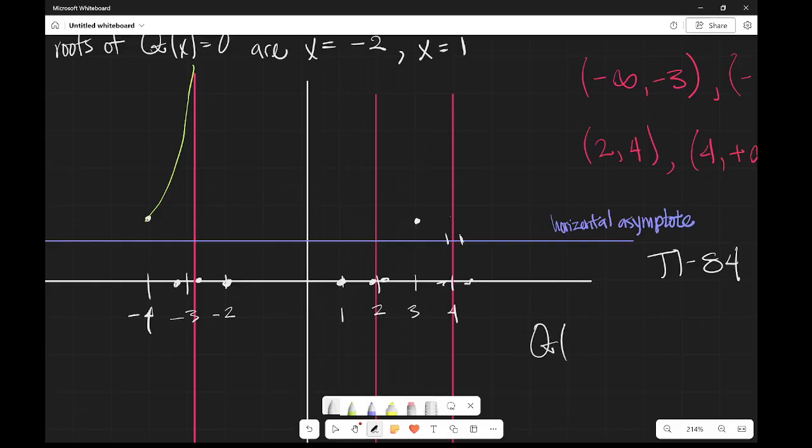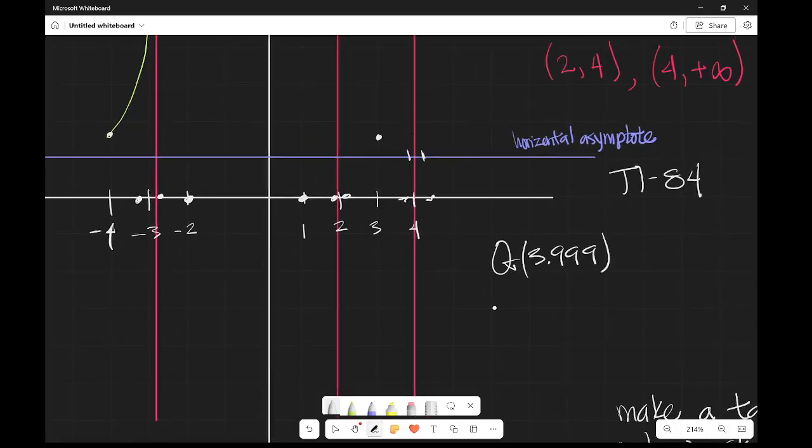So Q of positive 3.999 and Q of positive 4.001, right? And then I end up getting some value that is like 1.258 or something. And I got the same for both of them.